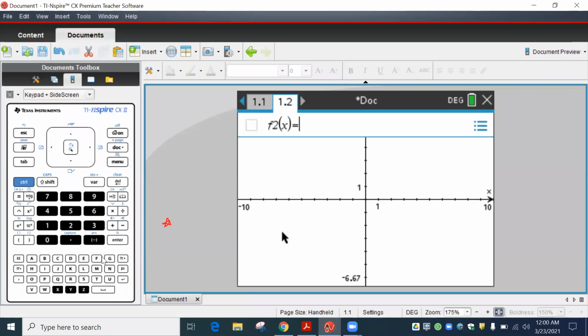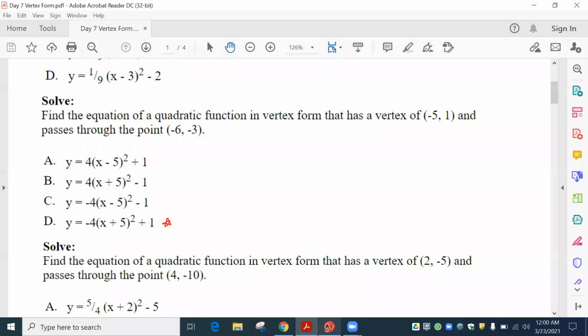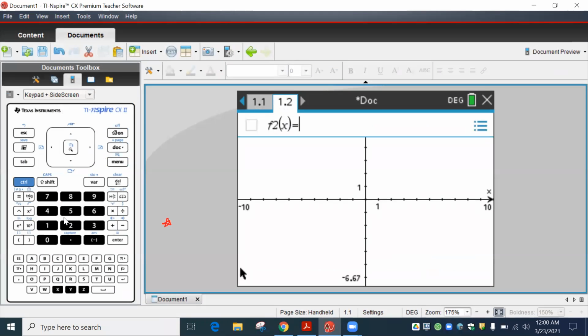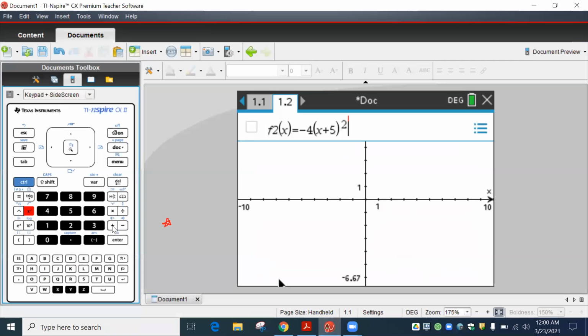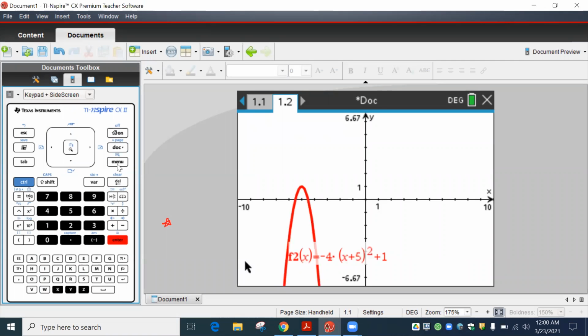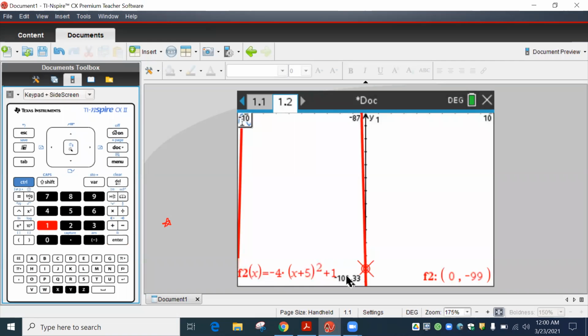So we're going to go type in -4 parentheses X plus 5. So -4 parentheses X plus 5 squared and +1. All right, so menu 5-1.